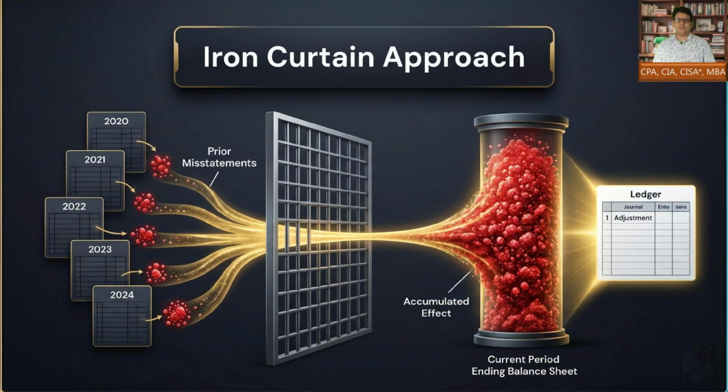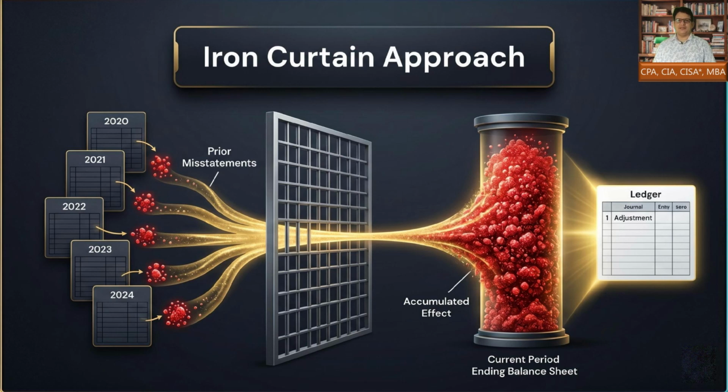The Iron Curtain approach focuses on the total accumulated misstatement in the ending balance sheet. It asks what adjustment would be required today to make the balance sheet correct. This method is strong because it catches multi year buildup. If prior year misstatements were never corrected, the ending balance sheet may now be materially misstated, even if no one year's income effect looked material.